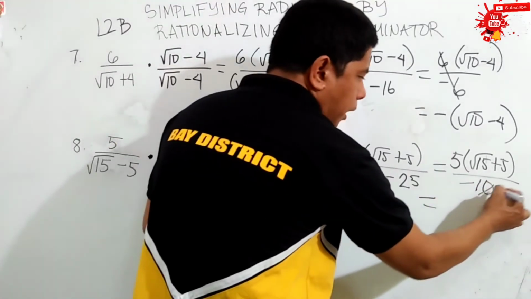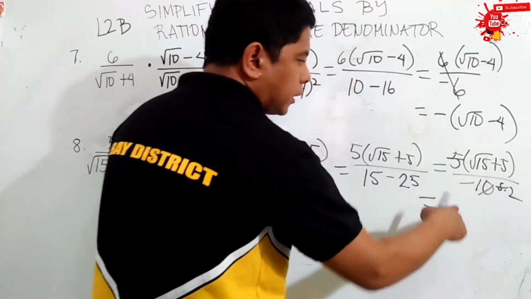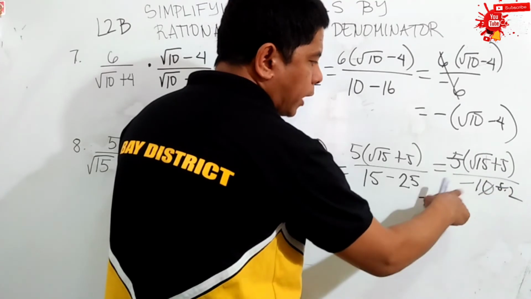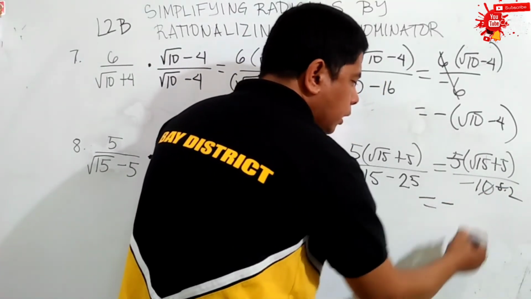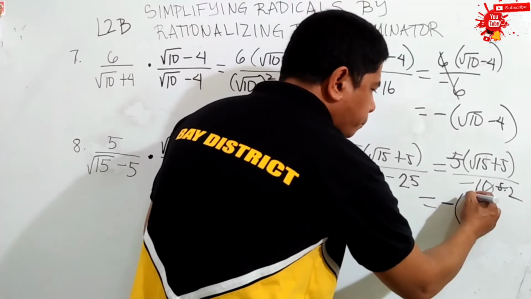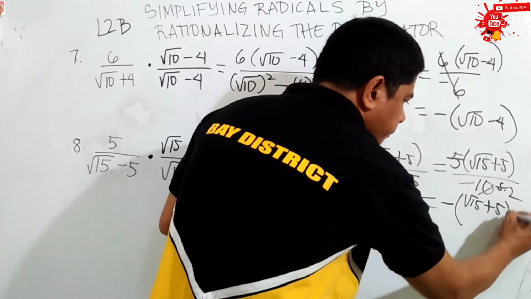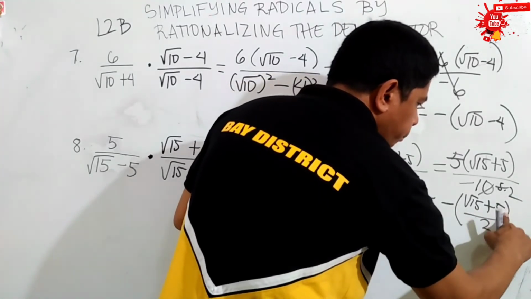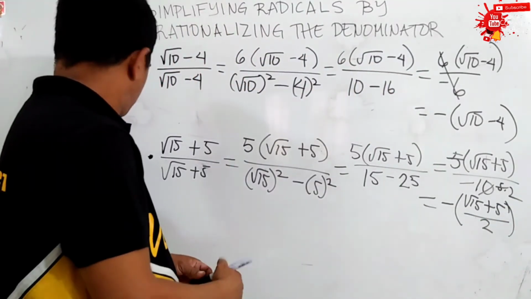Ang 10 ay may 5 times 2. Cancel ang 5. Ang natira ay the square root of 15 plus the square root of 5 over 2. Yun po yung sagot natin for number 8.